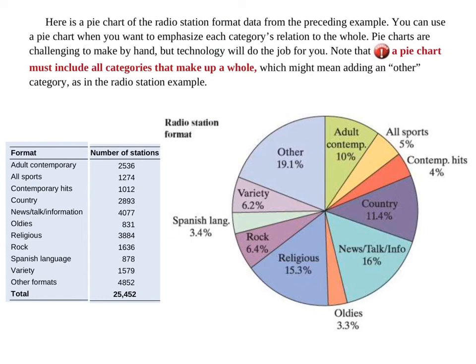Or you can put the number, but typically pie charts have the percentage. So for example, other formats is about 19.1% of the total. And note that the radio station format is labeled somewhere out here, and then each of the different slices or the variable here are labeled on each of the slices.